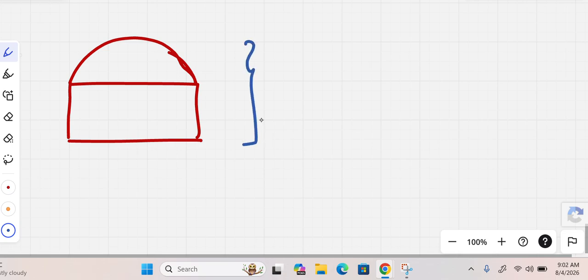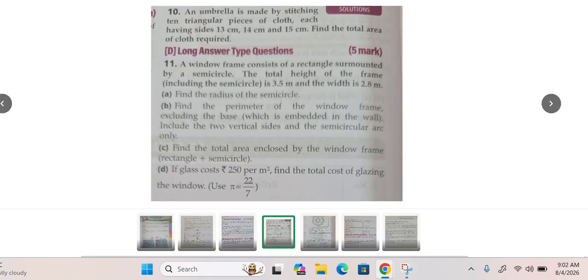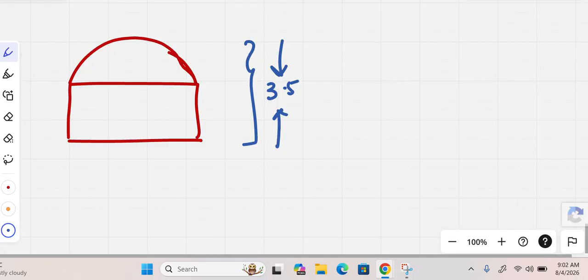Now the width is 2.8, so this is 2.8, and this is also 2.8.